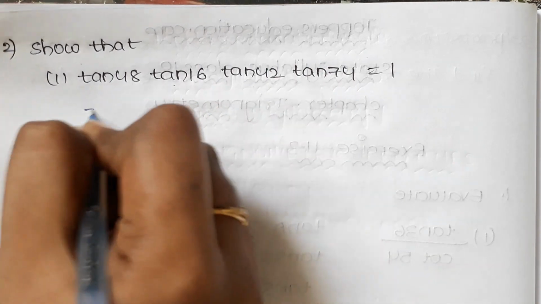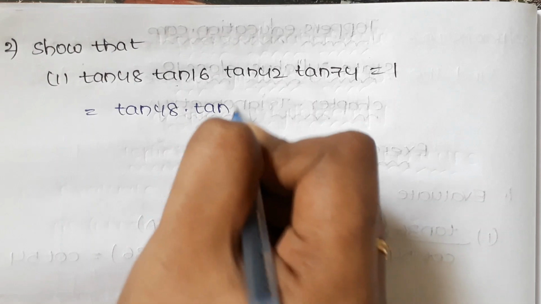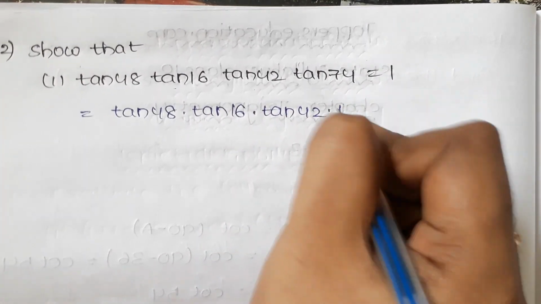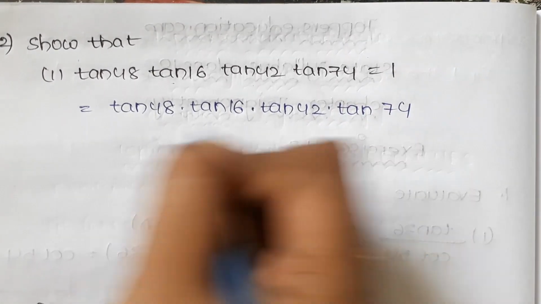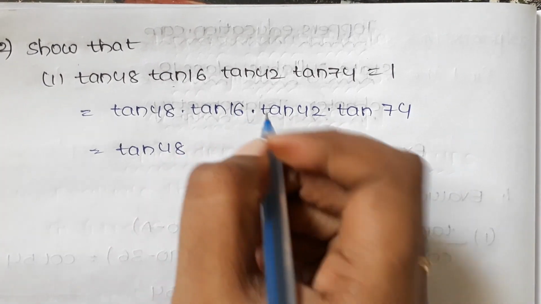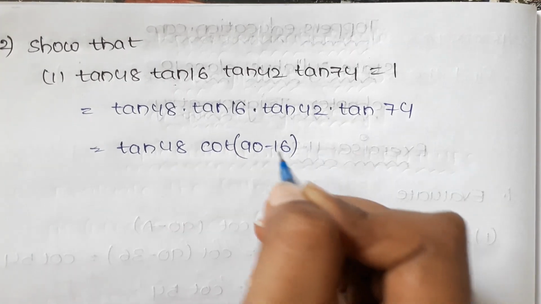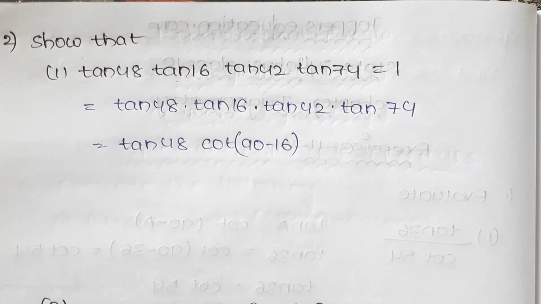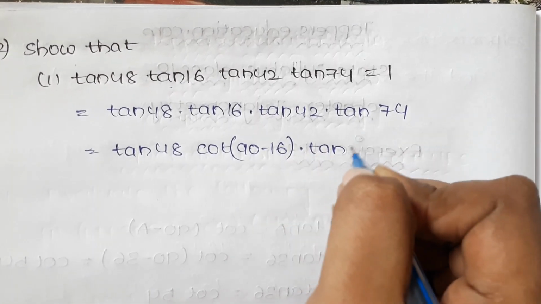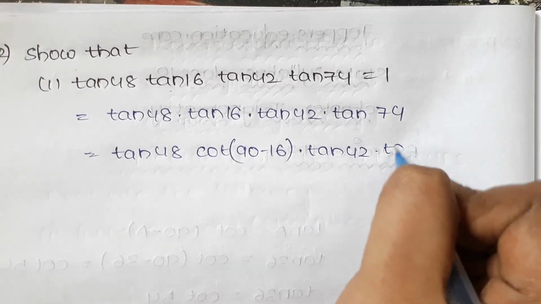Here tan 16 can be written as cot 90 minus 16, into tan 42 into tan 74.